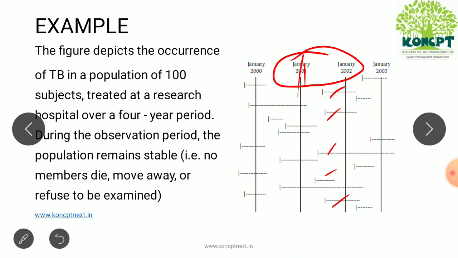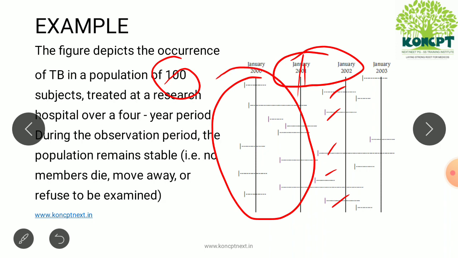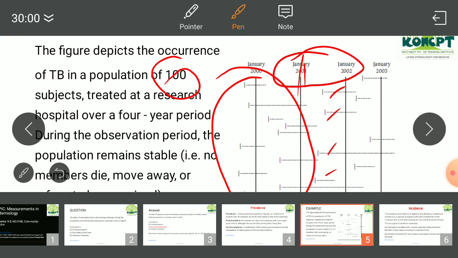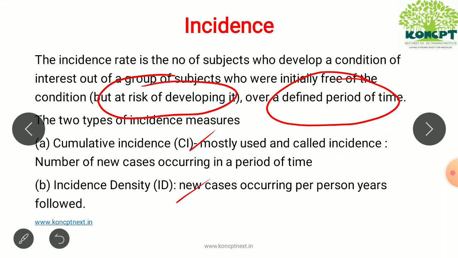But the population at risk you have to calculate. Here the denominator is not 100; you have to exclude the cases which started before the study point, because they are already immune or not susceptible. You have to exclude these people from the total population examined. So this is about the incidence.